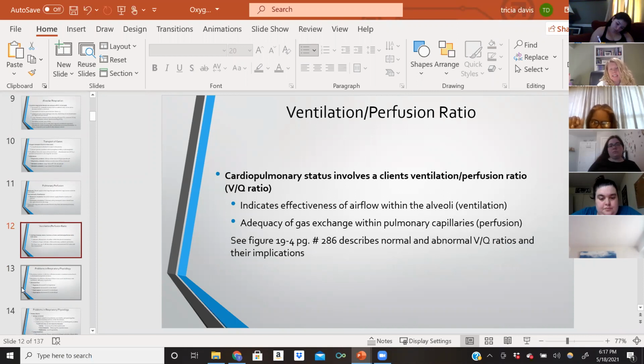It indicates the effectiveness of airflow within the alveoli, which is our ventilation. It also determines the adequacy of gas exchange within those pulmonary capillaries, which is our perfusion. You can look in your book on page 286, figure 19.4, which talks more in depth about normal and abnormal ratios and what that could look like and mean for our patients.